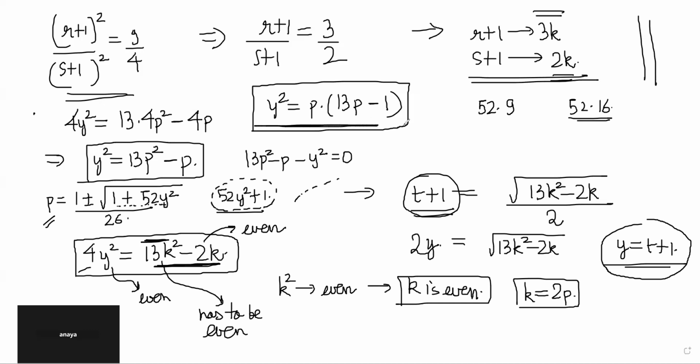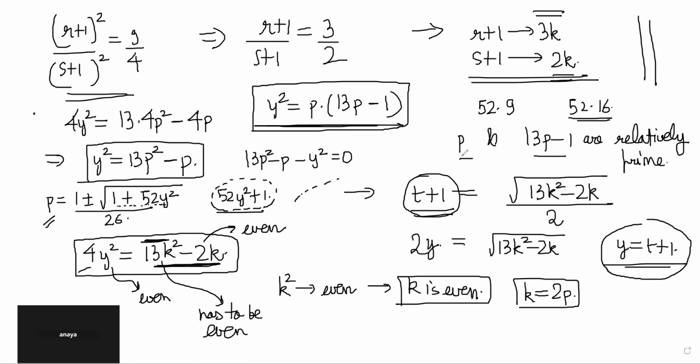What can we say from here? y square is equal to this. p and 13p minus 1 are relatively prime. They have no common factors.